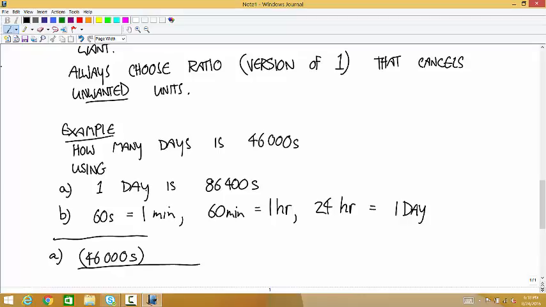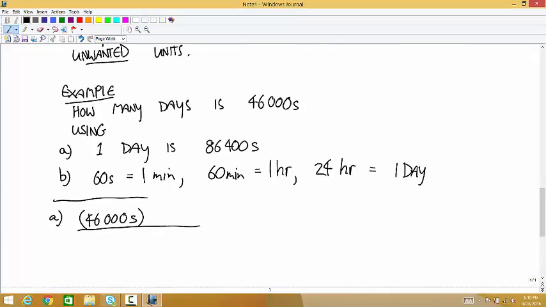Which of those two do we want? Or do we want the 46,000 seconds on top or bottom? Yeah, we want it on the bottom so it cancels the seconds here that are on top. So 1 day is on top, 86,400 seconds is on the bottom.